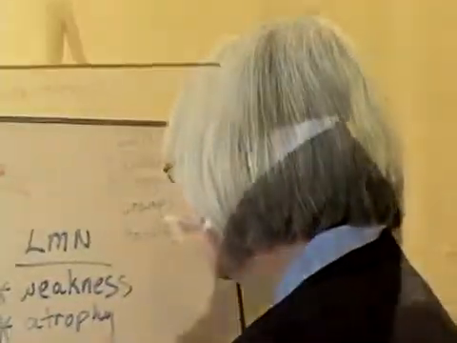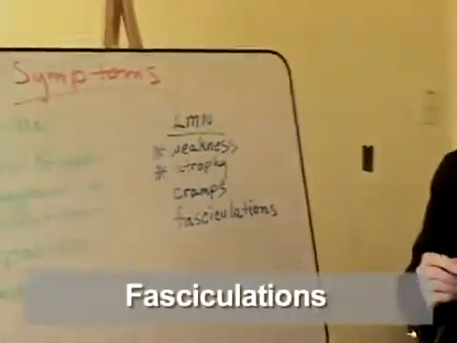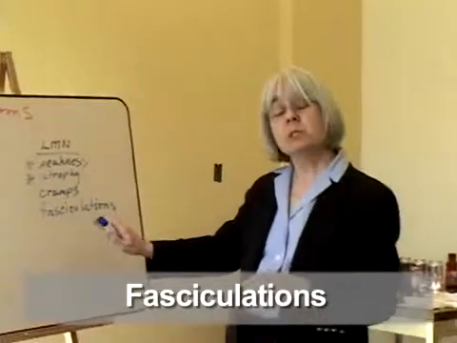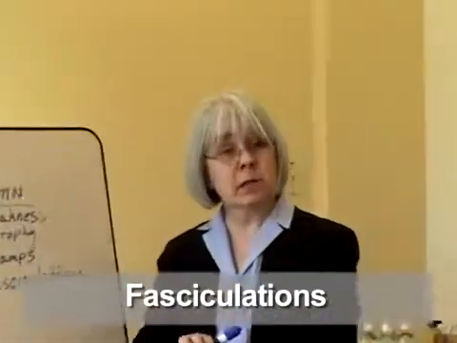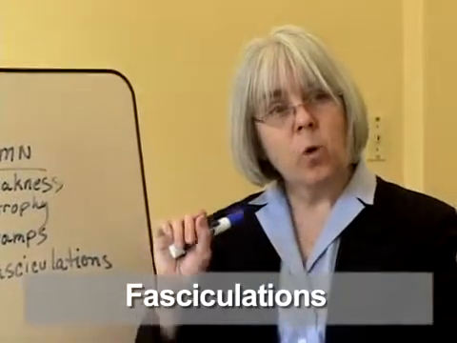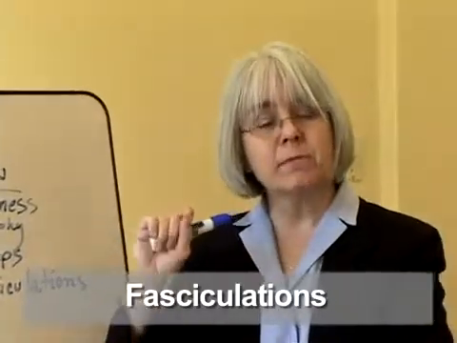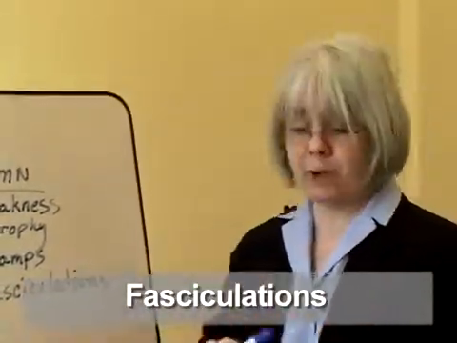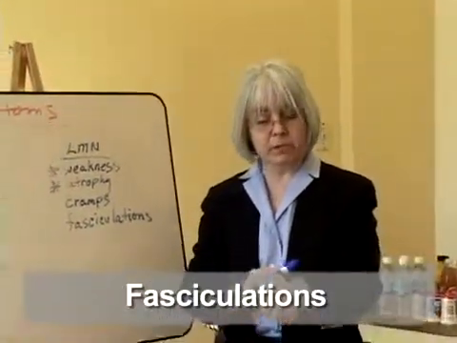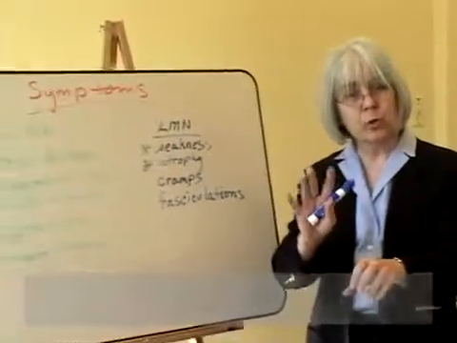So cramps, fasciculations. I love to say the word, I love to spell the word out, it's just such a cool word. But fasciculations are the twitchies under the skin. What's happening there is that one nerve is firing off by itself. Instead of going with the group, that nerve is firing off by itself, and it activates a muscle fiber all by itself, and you get a little twitch.